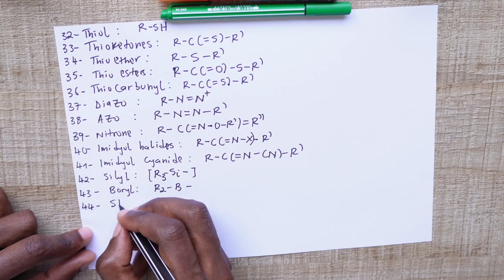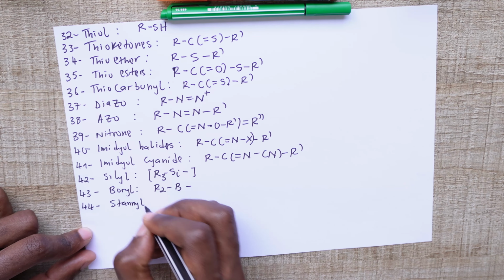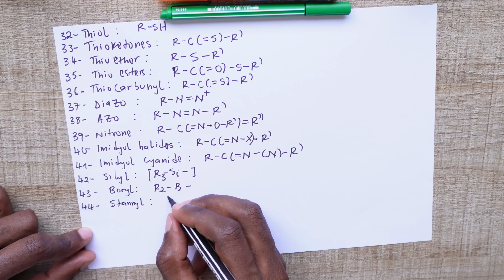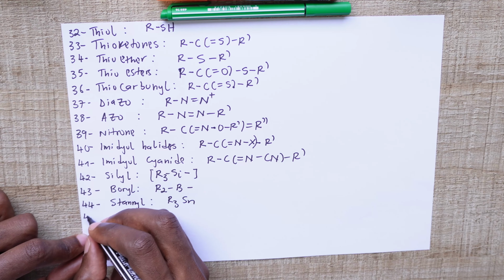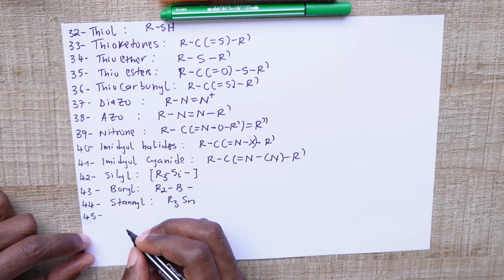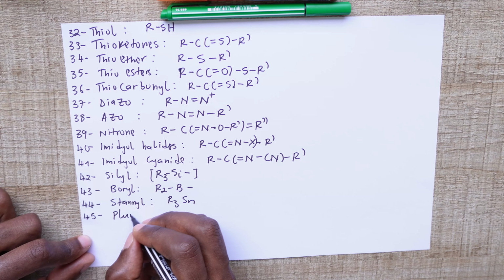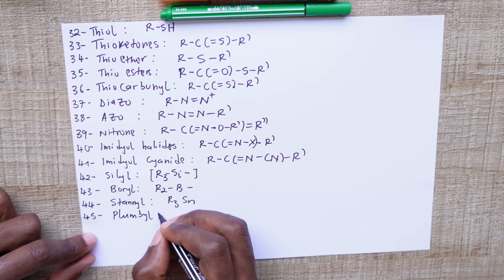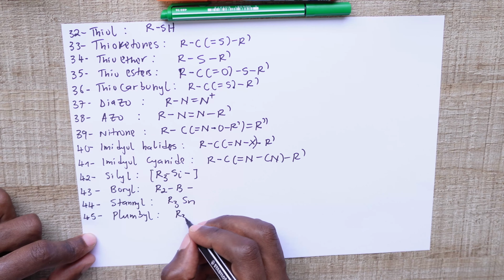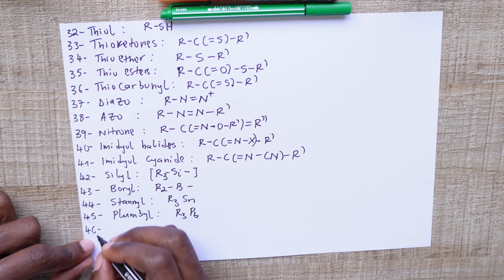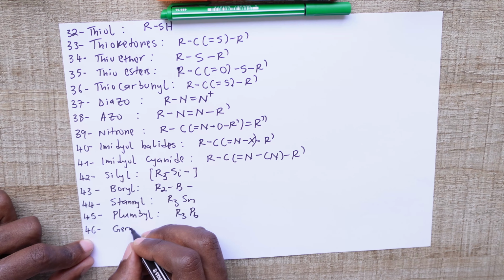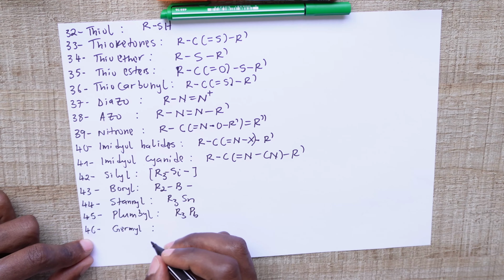You have the stannyls. So you just have tin. R3 Sn. Then in the 45th position, you have plumbyls. Just have lead. So R3, Pb. Then you have 46. You have germyl if you prefer.